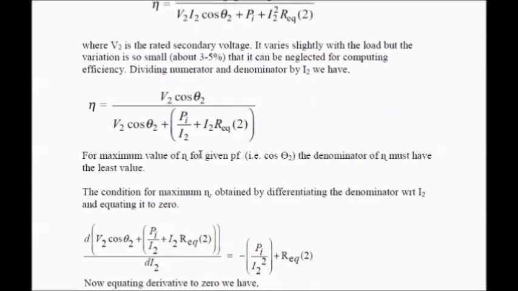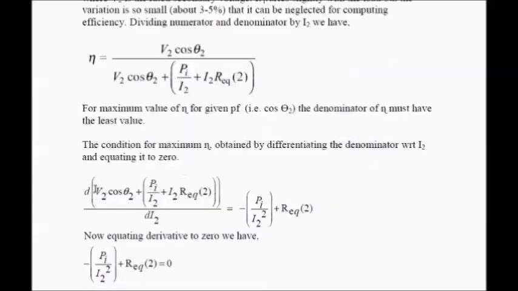So to get that condition for maximum value of overall efficiency, or minimum value of this denominator, we differentiate the denominator with respect to current I2 and equate that derivative to 0. So what we do, we find d by dI2 of this denominator, and its derivative is like this.